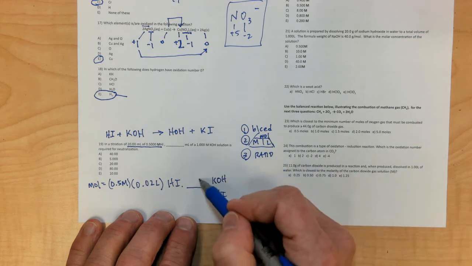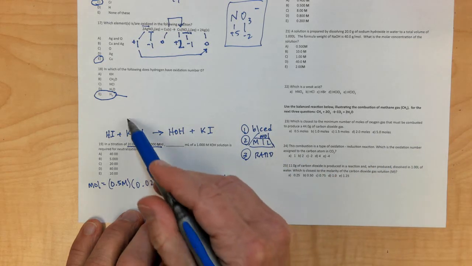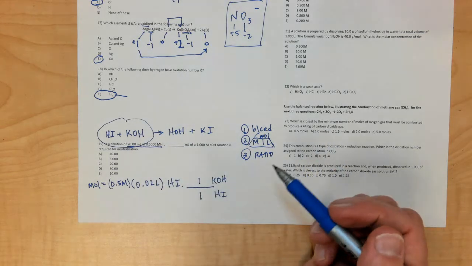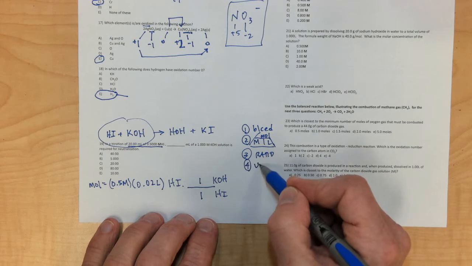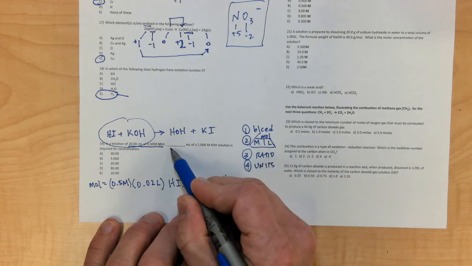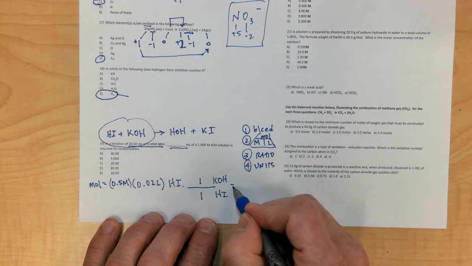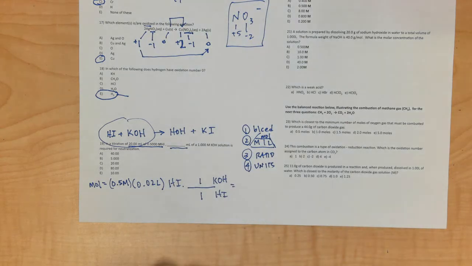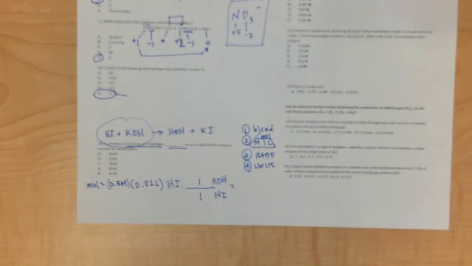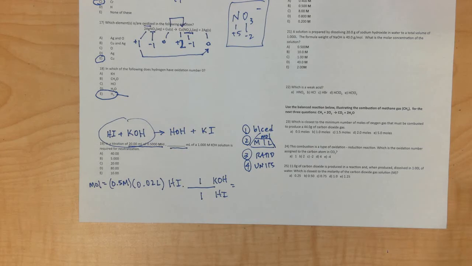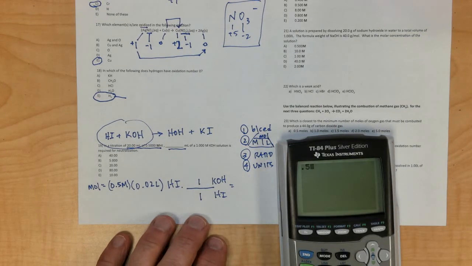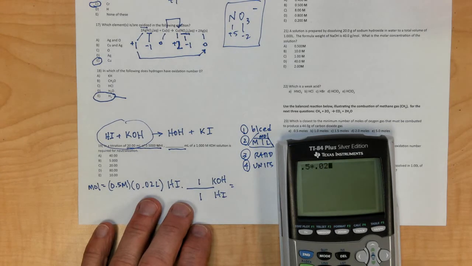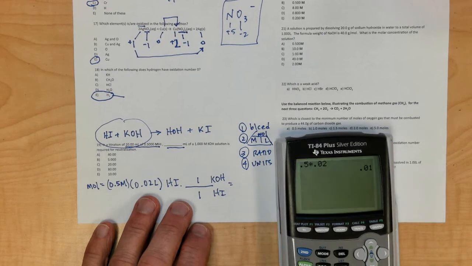And in this case it's really easy because the ratio is 1 to 1. 1 to 1 right here. And then lastly, convert to the asked for units. And in this case, they're asking for how many milliliters will be required for that neutralization reaction. And so 0.5 times 0.02 is 0.01.